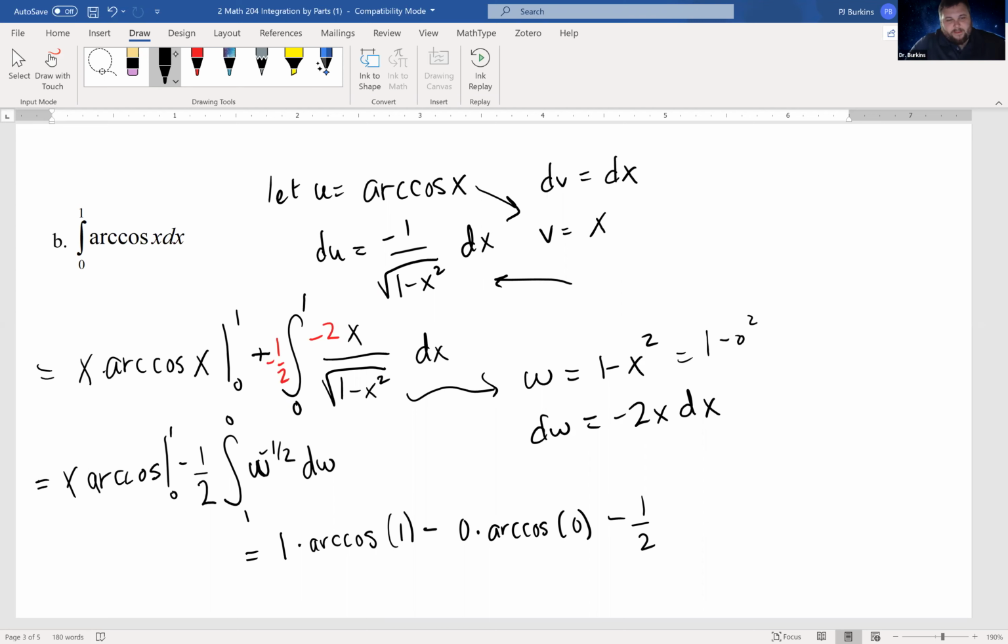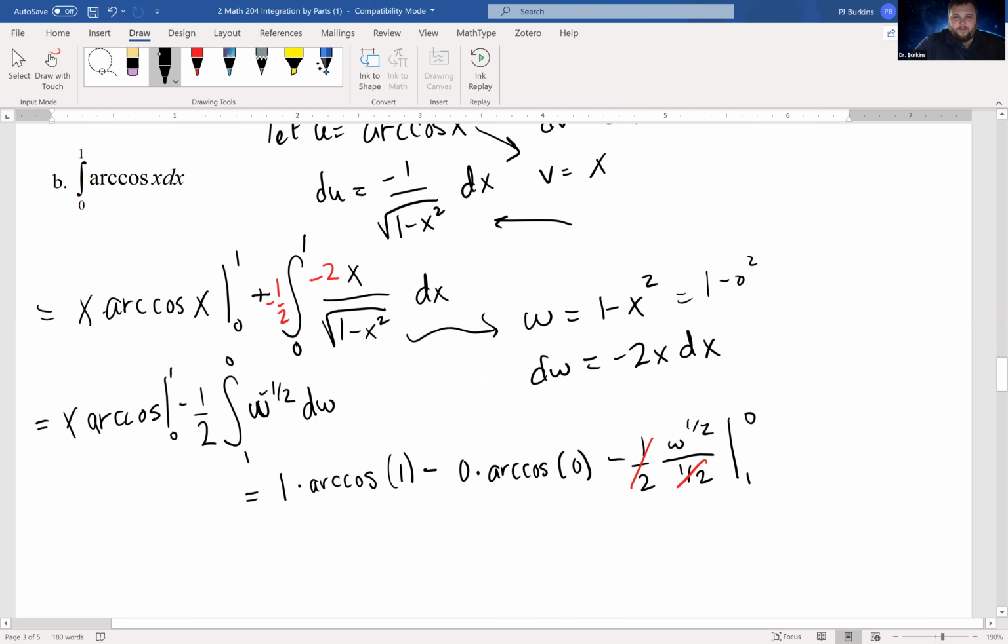If I integrate w to the minus 1/2, I add 1 to the power, so it becomes w to the 1/2, and I divide by that new power. So I have 1/2 and then divide by 1/2. That's really like multiplying by 2. So these two here are going to cancel. Everybody still with me?